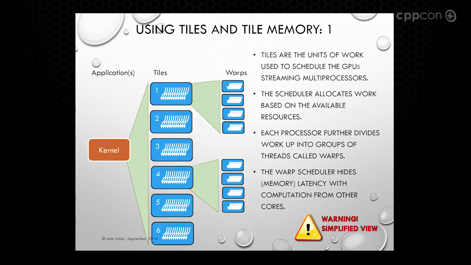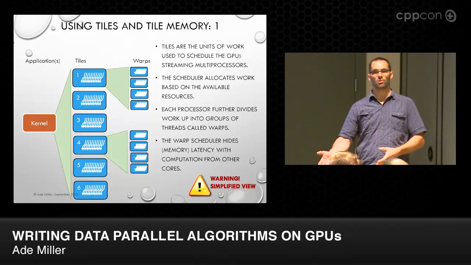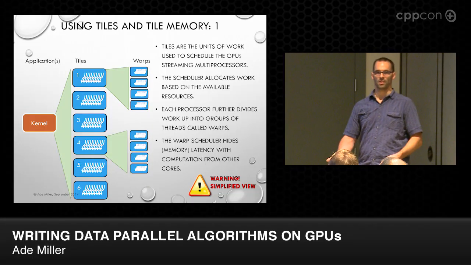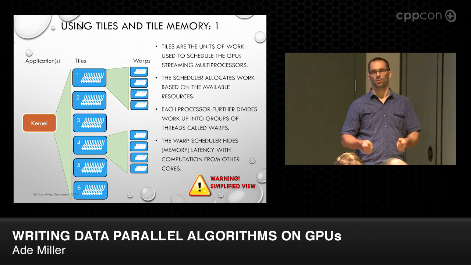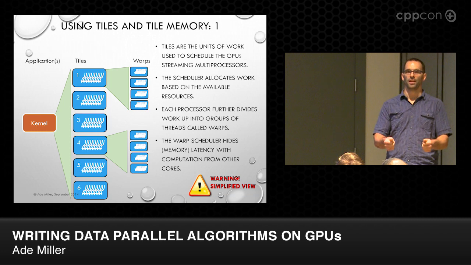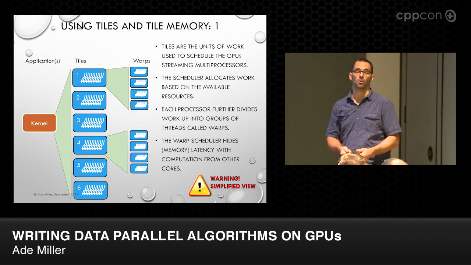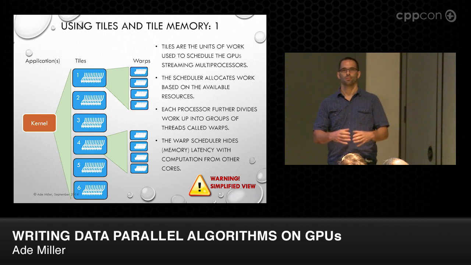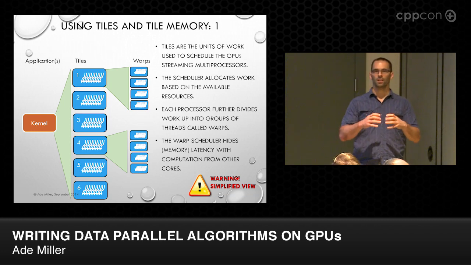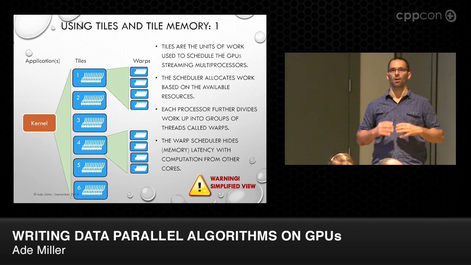So remember I talked about warps, right? My algorithm divides everything up into blocks, or tiles, and they get scheduled on a GPU processor. Under the hood, the GPU is actually dividing things up into threads that run in groups, which NVIDIA calls warps. When you run one of those groups, everything in it gets executed in lockstep.